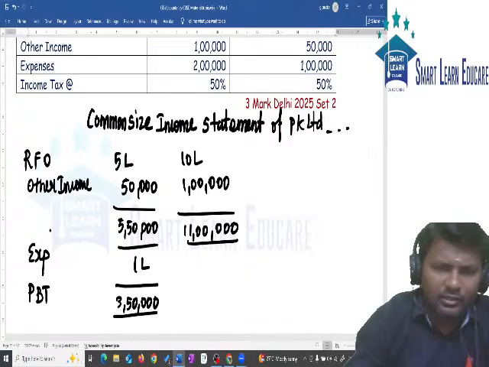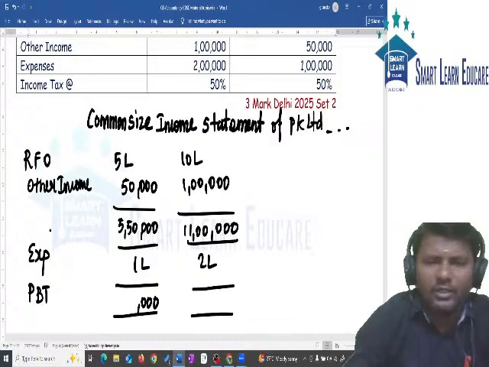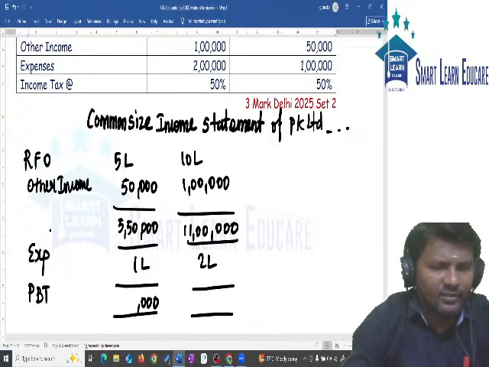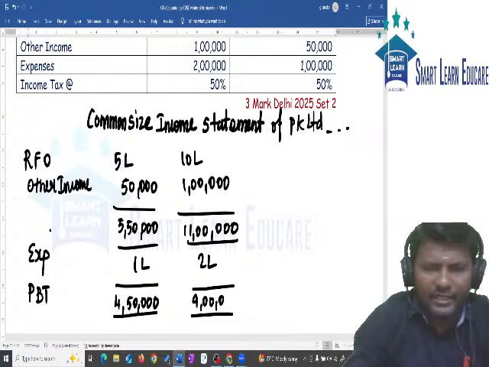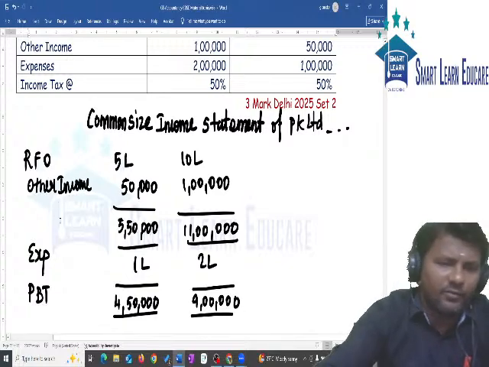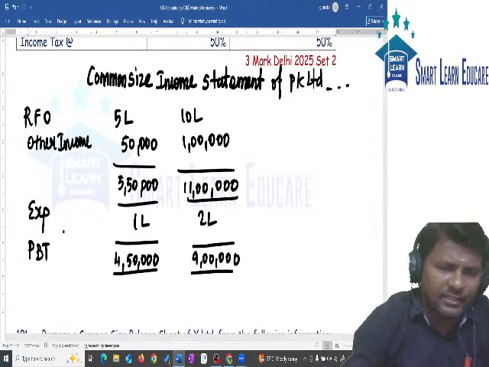Expenses 1 lakh and 2 lakh. 5 lakh 50,000 minus 1 lakh will give you 4 lakh and 50,000. 11 lakh minus 2 lakh will give you 9 lakh. Profit before tax 9, and less tax.